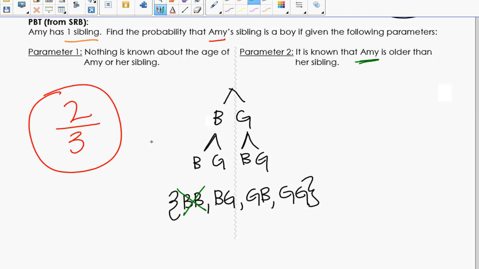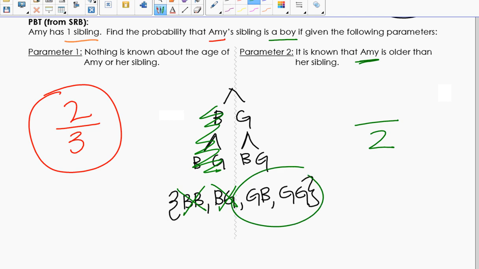So we have to assume that this whole part of the tree won't work because the girl has to be born first. So this one's out too. So my sample space is down to 2. It was either Amy was born, then her brother, or Amy was born and then she had a sister, because we're just looking for the probability that the sibling is a boy. So with these 2 left over, the probability that it's a boy is 1 out of 2. And that's your answer.